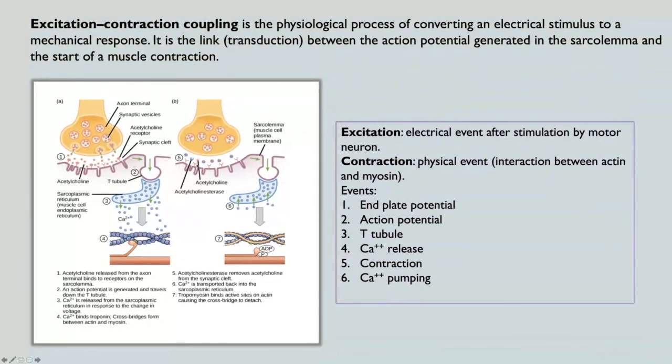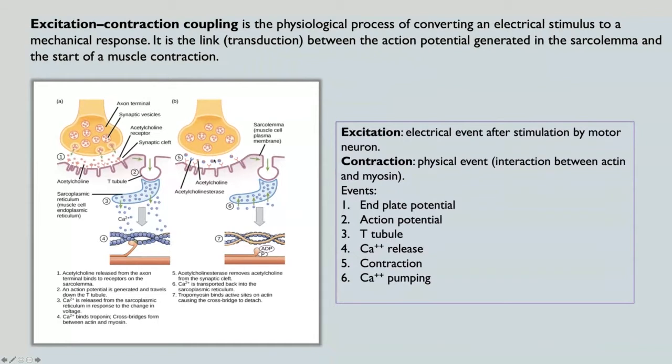So this enzyme, acetylcholinesterase, is going to break down acetylcholine into two components, acetate and choline. Acetate is going to diffuse. This is like vinegar. Choline is going to be reuptaken into the axon terminal, and it's going to be recycled to make more acetylcholine. We recycle that choline and we can make more neurotransmitter.